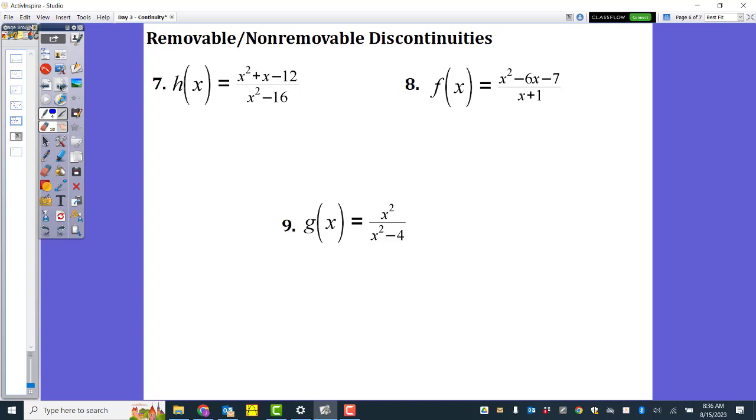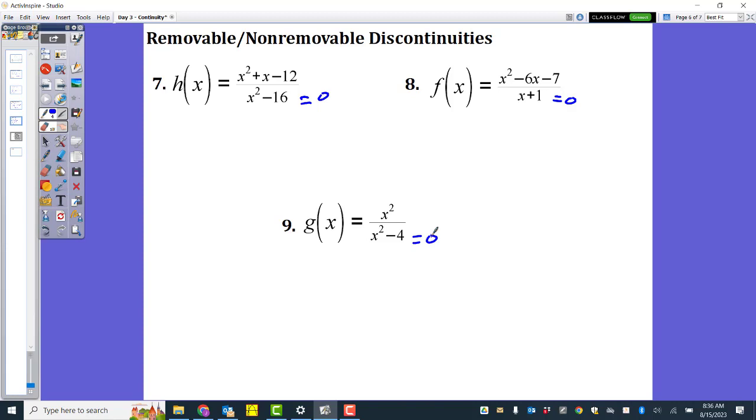Or problems like this. Now, you need to think to yourself, where would a discontinuity occur at any of these problems? They all have a very similar answer. I'm not asking for a specific x, I'm asking for the idea of an x. They would all occur at whatever x makes the denominator equal to 0. Okay?